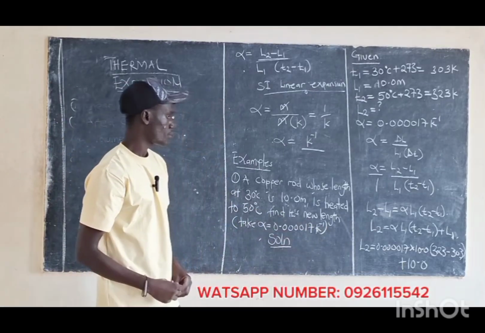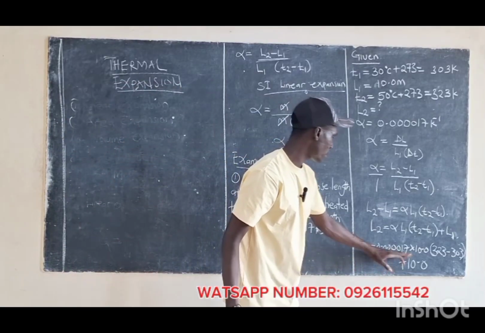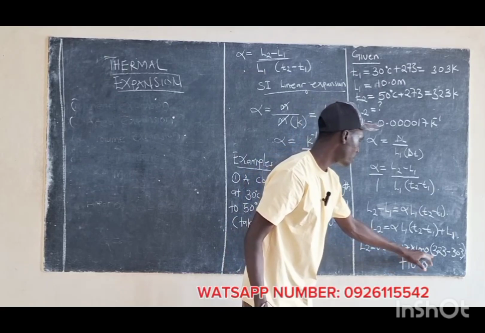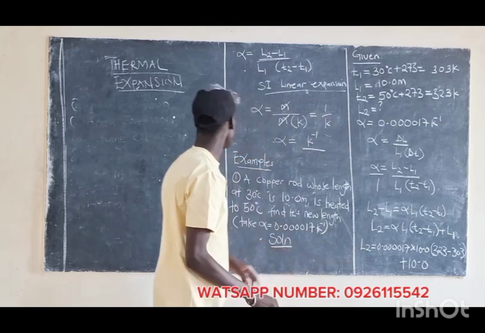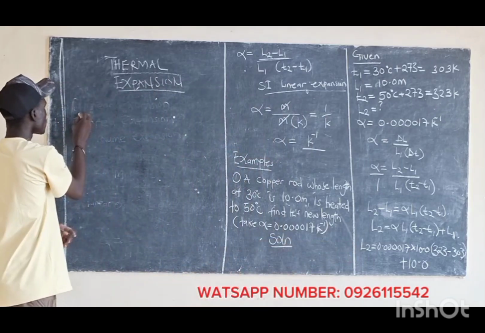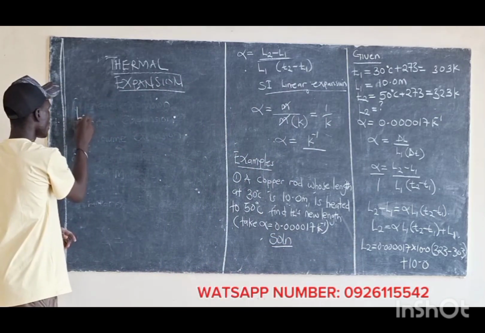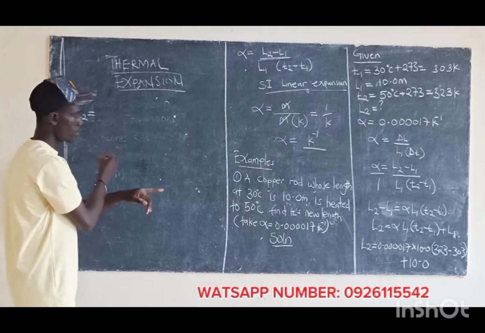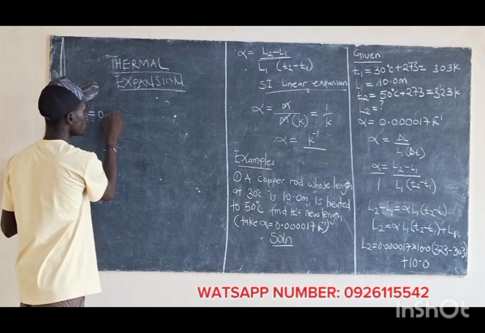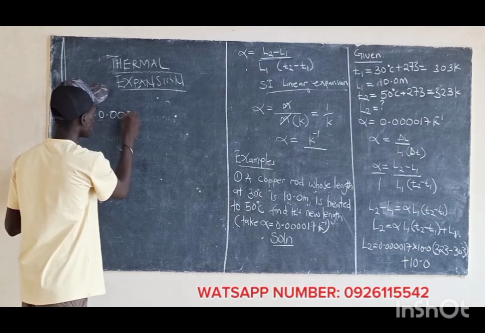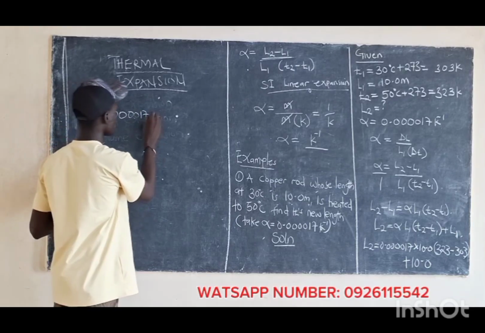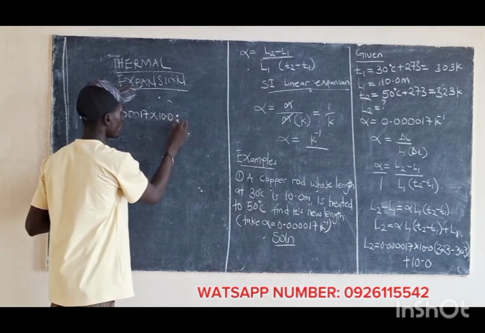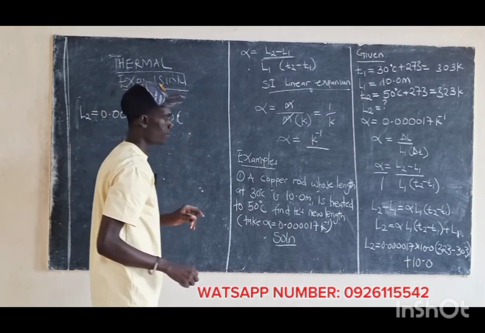Now we go through. L2 is equal to this one of linear expansivity and this one. So let's subtract this from this one. Let's say L2 is equal to 0.000017 times 10.0 into bracket.